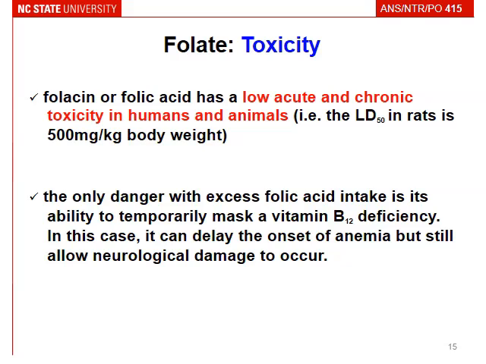So for all intents and purposes, we could say this is not toxic. The main problem with taking a substantial amount of folic acid is that it may actually mask a B12 deficiency. So it delays the onset of anemia, but you still can have the neural tube and other neurological symptoms that occur.